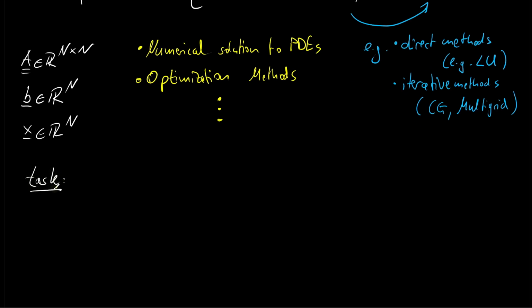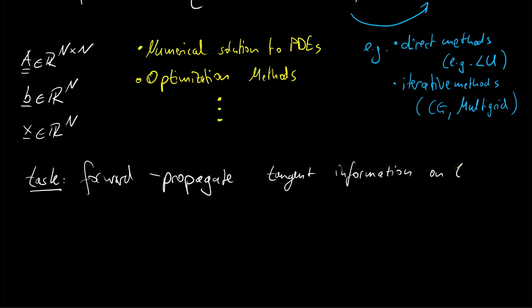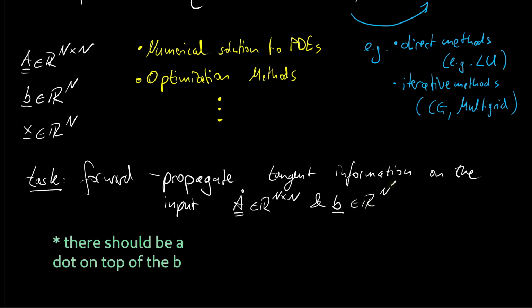The task for this video, or why we do the derivation, is to forward propagate tangent information on the input, and this will be in terms of a tangent matrix. So it will be a matrix, and we indicate that with a dot on top, and this one will be of the same shape as the primal matrix, so it's an n by n dimensional matrix, as well as tangent information on the right-hand side, which will be an n-dimensional vector.